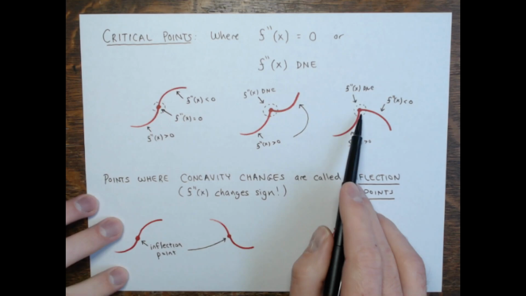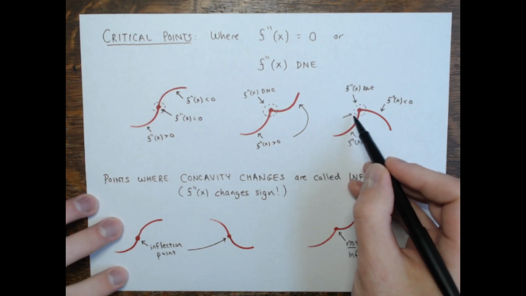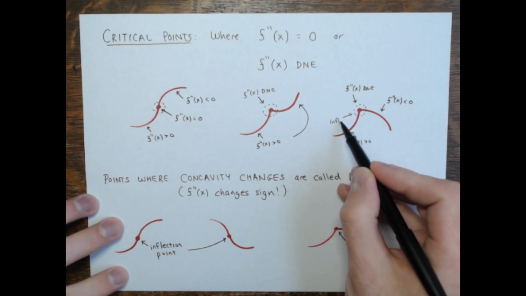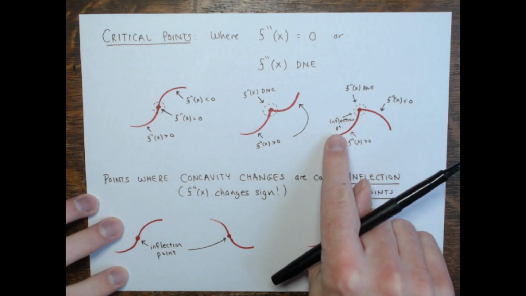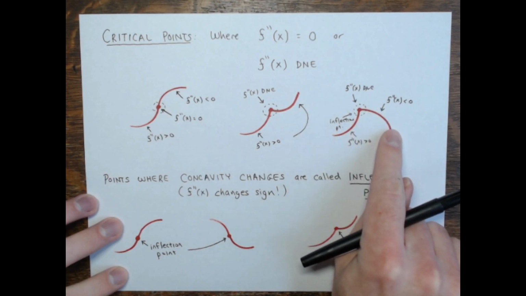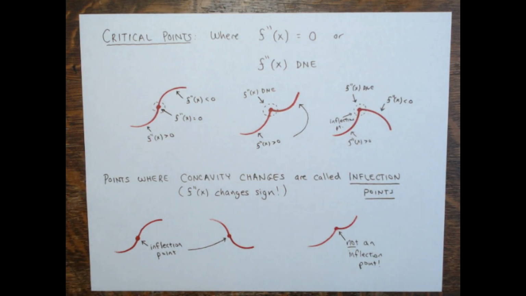This point here in this picture would be an inflection point. So this, instead of drawing it again, this would be an inflection point, because to the left it's concave up, to the right it's concave down. The second derivative changes sign. The graph changes concavity.